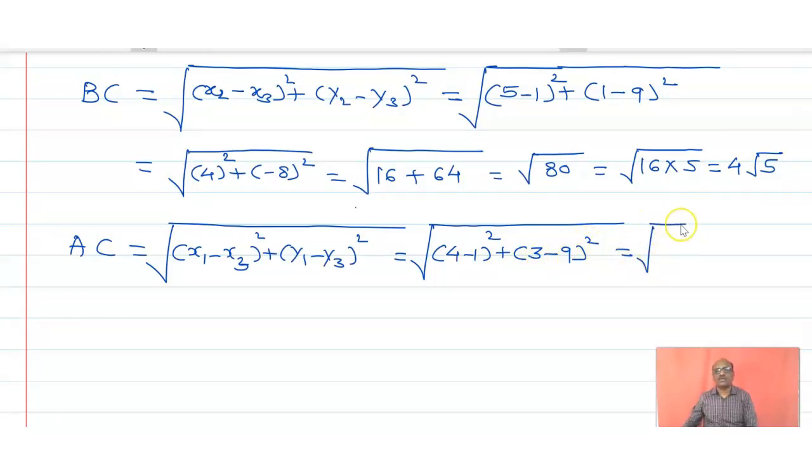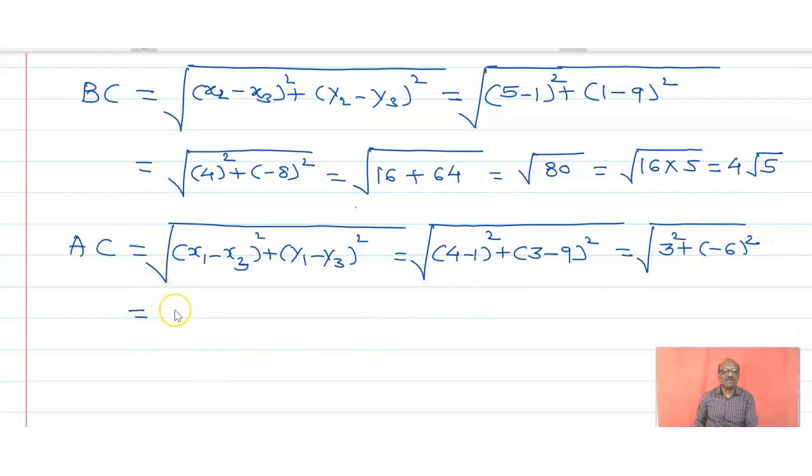Here you need root of 4 minus 1, that is 3 square, and next is minus 6, whole square.